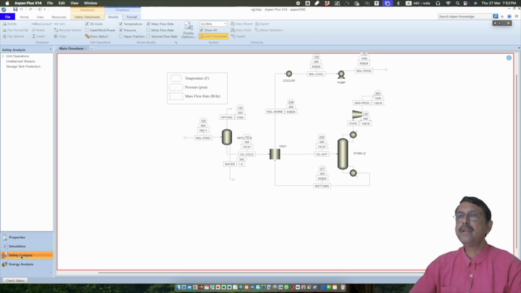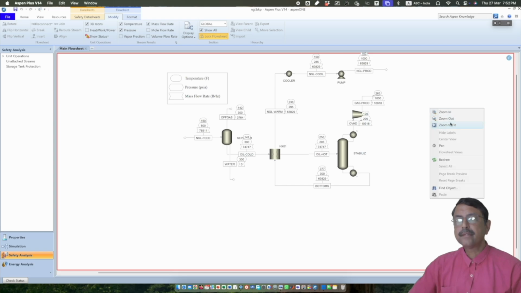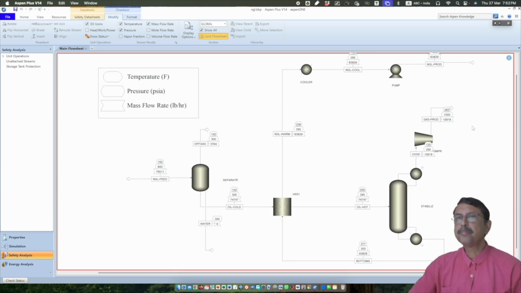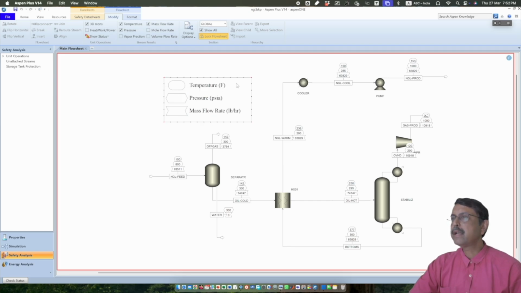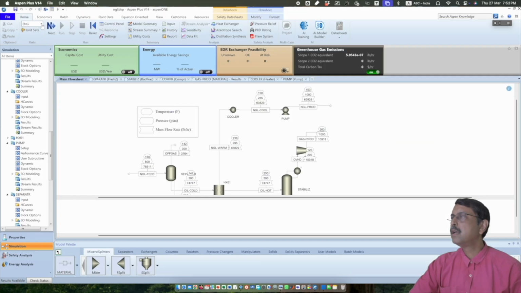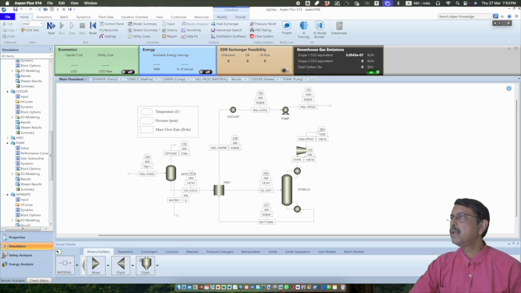So this is the window that you will get for safety analysis. Let us zoom to fit once again. Now, one thing that we can do is change it to SI units. For that, we have to go back to the simulation and change from English units to SI units, or we can say metric C bar.